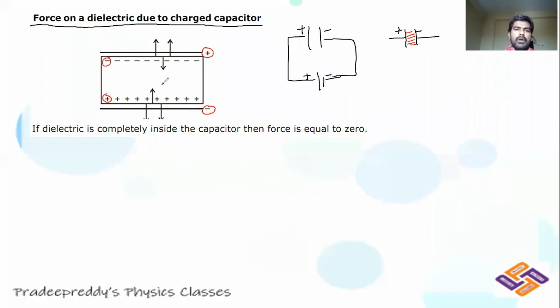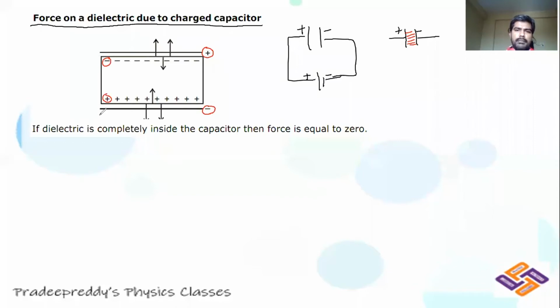So now, this is negative charge and this is positive charge, and you can draw electric field directions over there. From the positive charge, field extends outward, and from the negative charge, field extends inward. So you can draw field directions at each and every end within this slab.